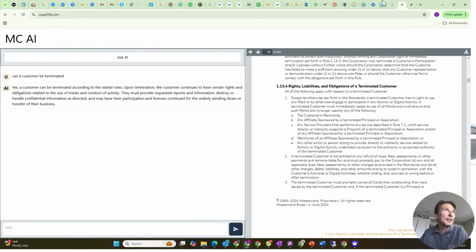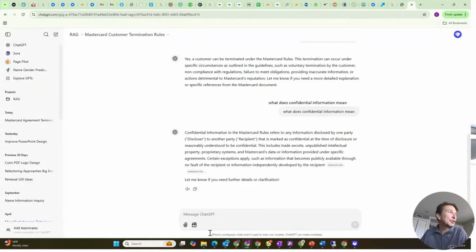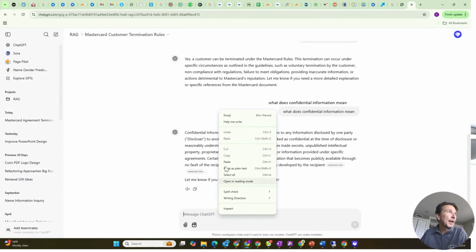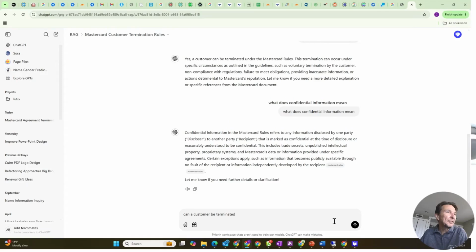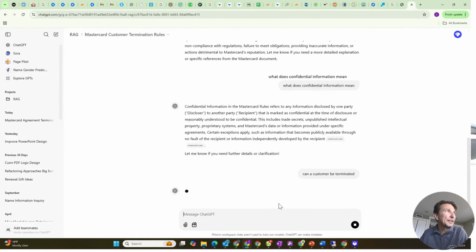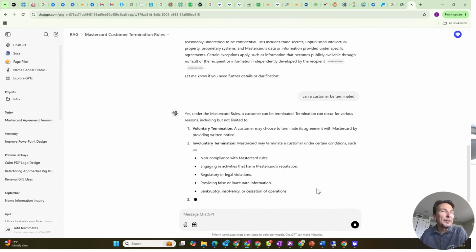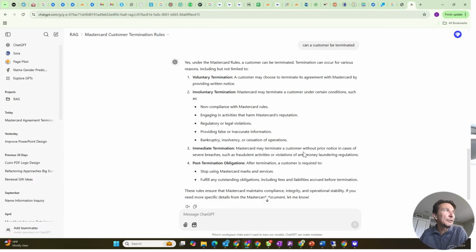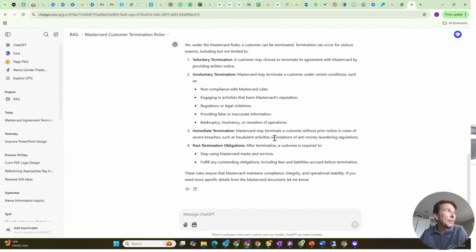So that's pretty interesting. Here I have ChatGPT. Let me just ask ChatGPT, can a customer be terminated? What I've done here is I've loaded up the files, since with ChatGPT you can load up files. So here we go. It's saying yes. It gives probably a more eloquent answer, but it doesn't tell you where it got all of the details.